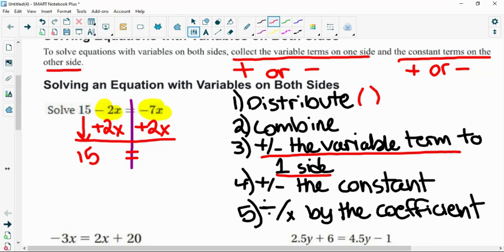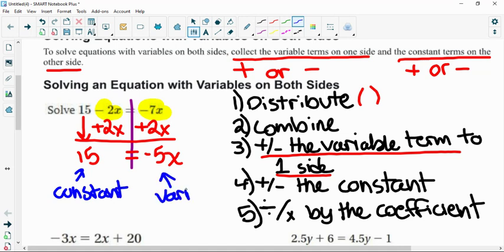So if I owe my friends $7 and I give them $2, I still owe them $5. So negative 5x. Now, over here I have a constant. And on this side I have a variable term. So I'm almost at the end.